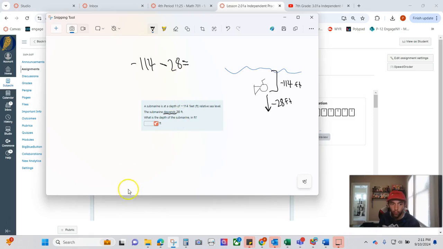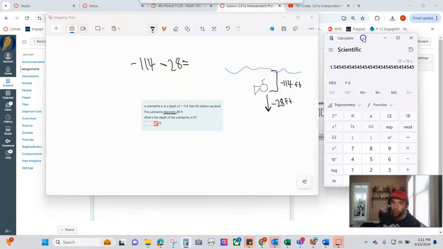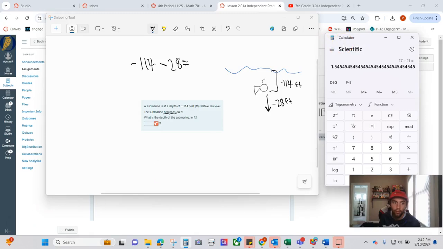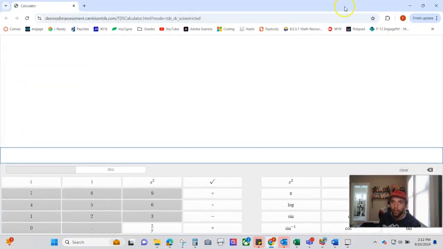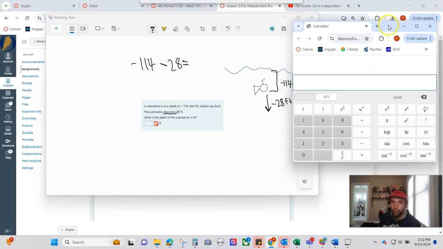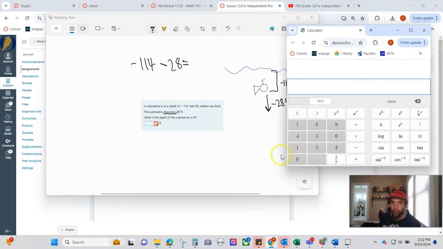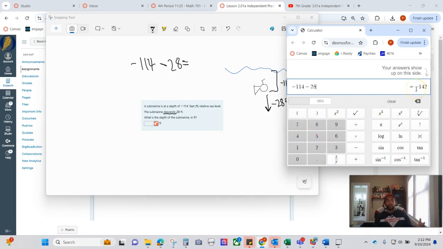Well, one way we can solve this problem is with our handy dandy calculators. And here's our handy dandy calculator. So we started at negative 114, and then we minus 28, and that gives us negative 142.